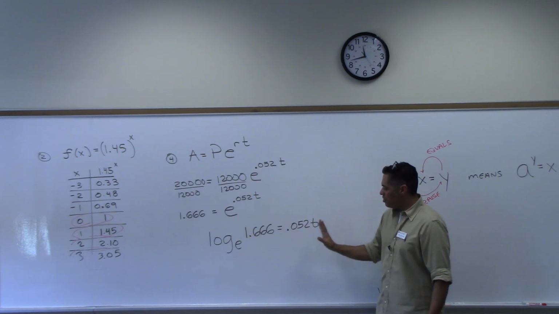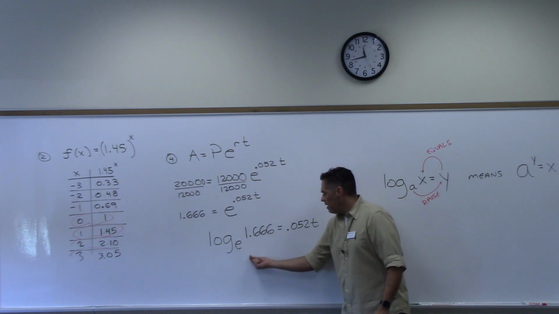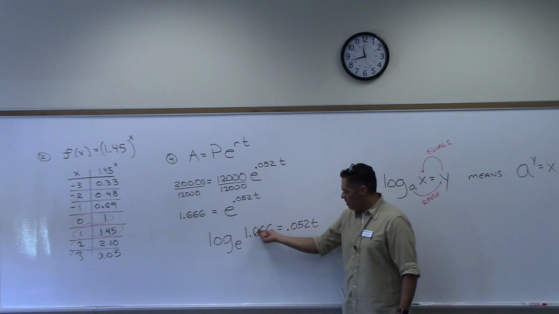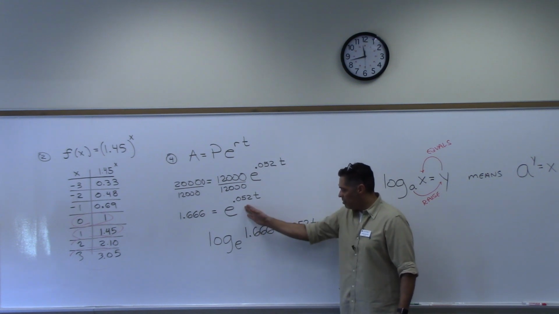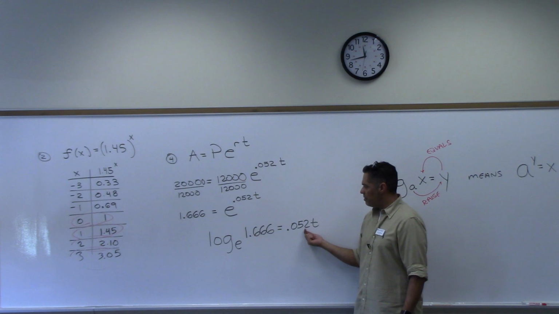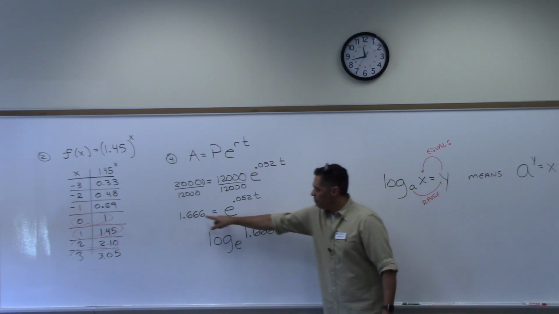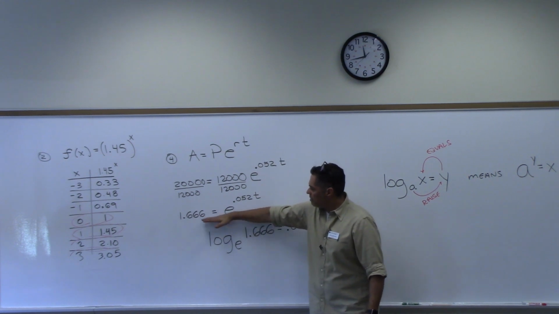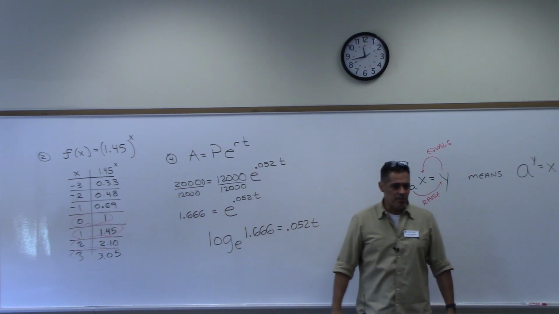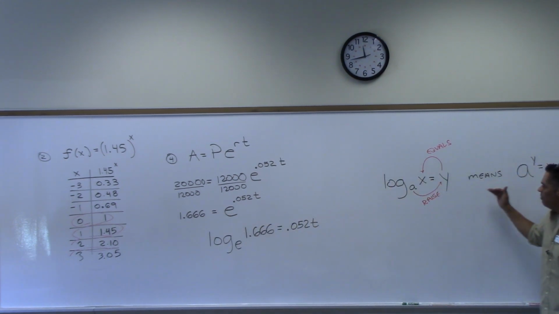Now, let's just check. If I take e and raise it to this, will it be equal to that? Is that what that equation says? Yeah. So this and this mean the exact same thing, according to what we briefly learned about logs.